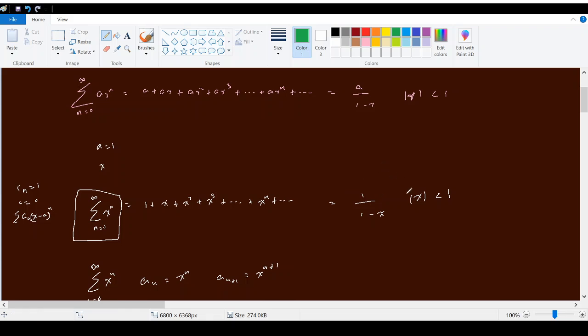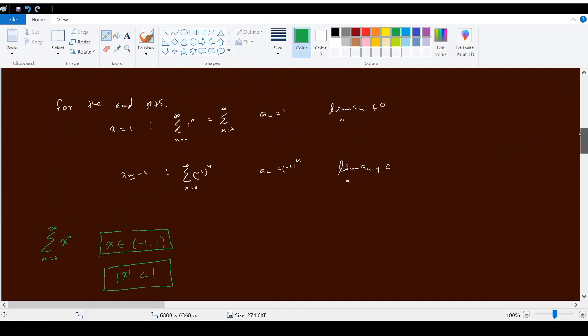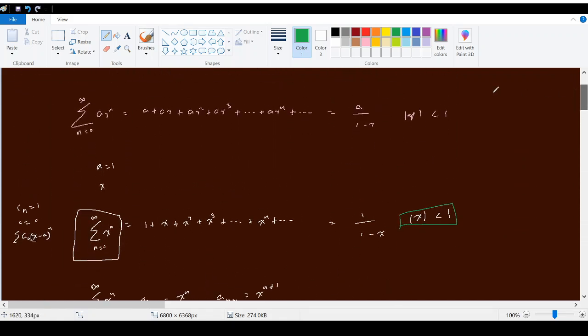And in both these cases, we had the same feasible region for the x values, right? So even from the theory of power series as well as from the theory of geometric series, we had the same region.